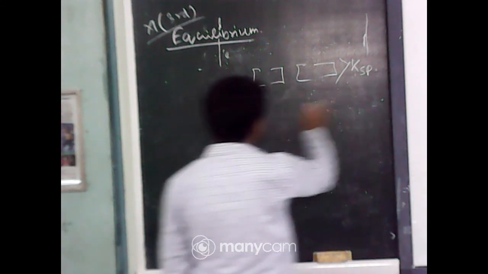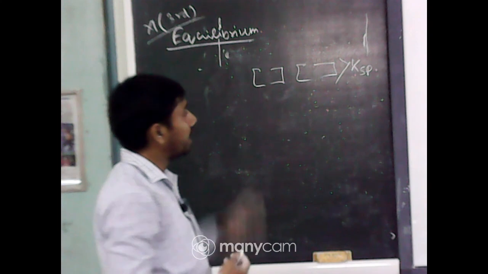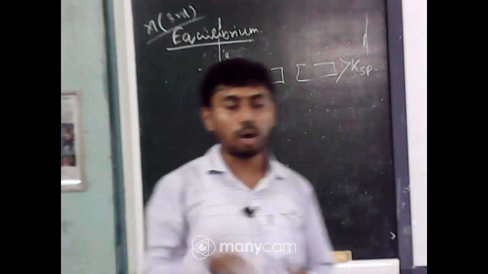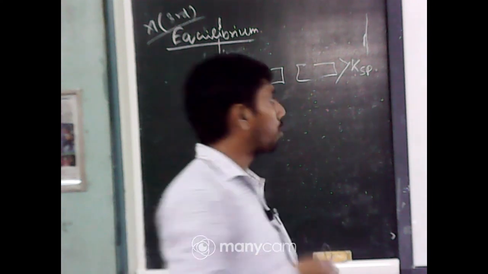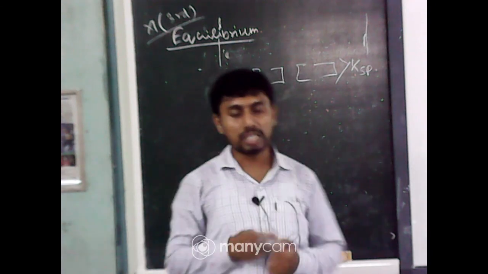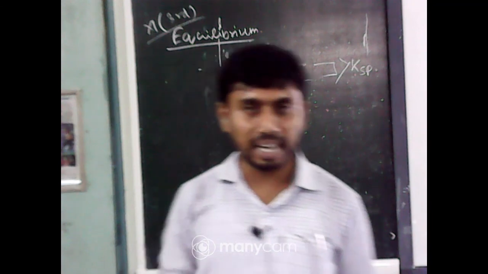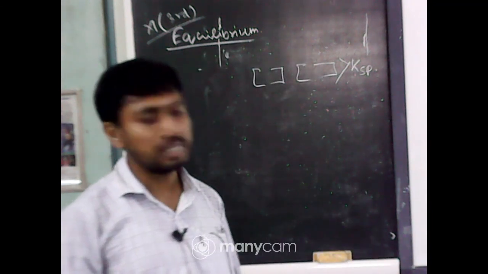Very important. When the concentration product exceeds the value of Ksp, then the salt is deposited in the form of precipitate.